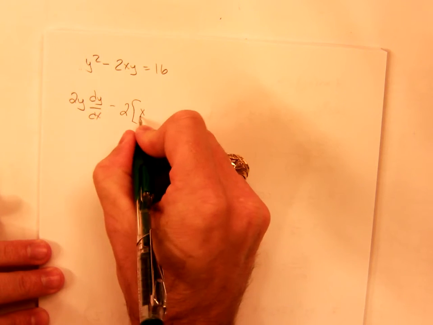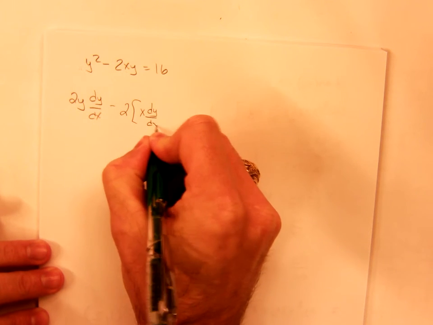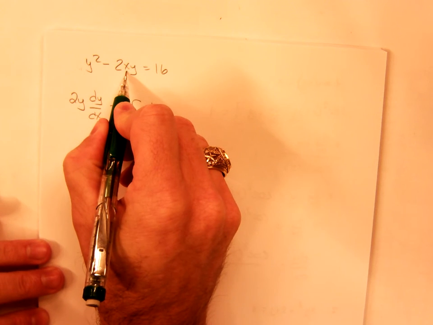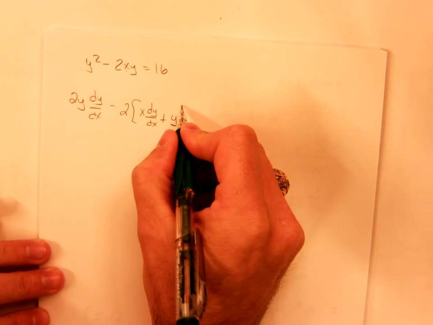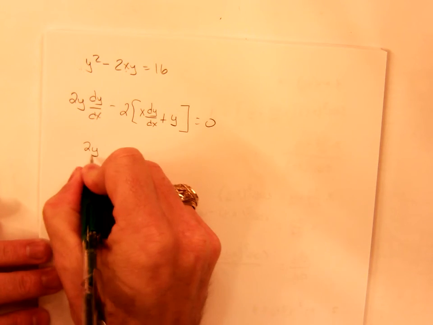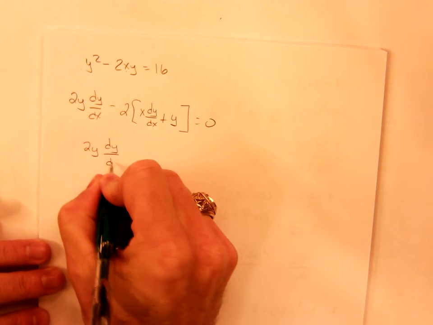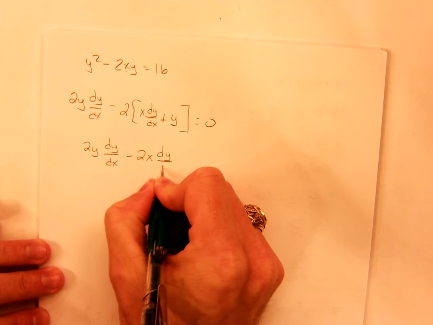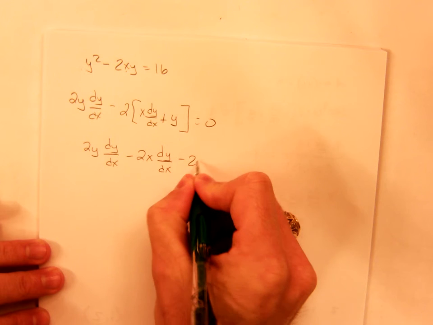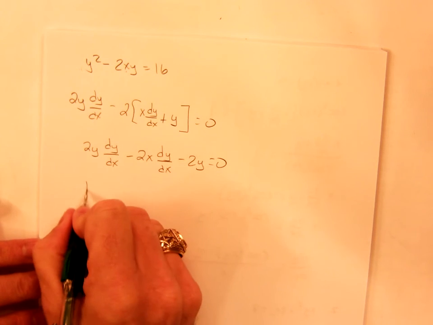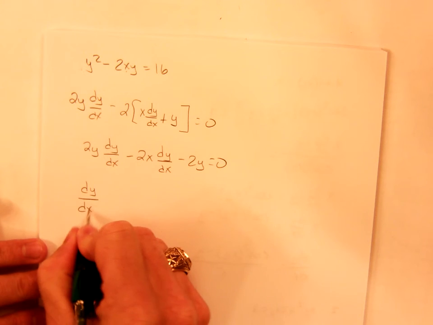That's x dy/dx plus y times the derivative of x, which is what? 1, equals 0. 2y dy/dx minus 2x dy/dx minus 2y equals 0. I'm going to send the 2y over there, and I'm also going to factor out a dy/dx.